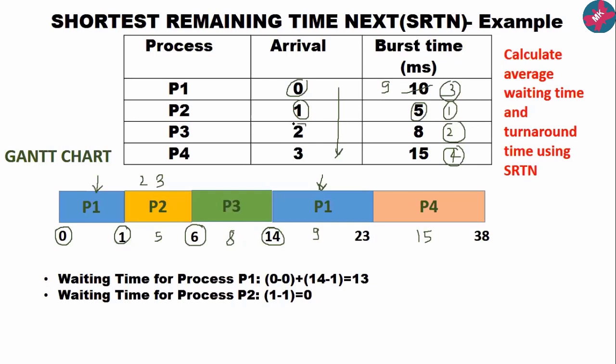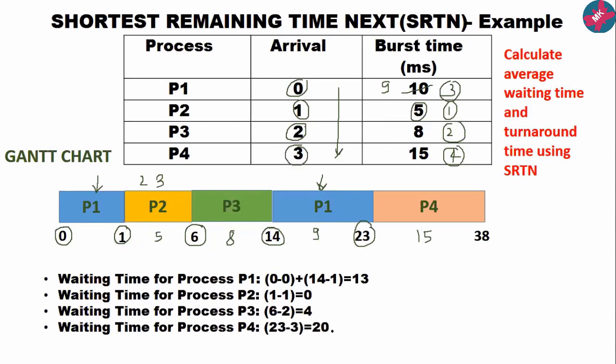It started execution at 6 milliseconds, and it had arrived in the system at 2 milliseconds. So it will be 6 minus 2 equals 4. What about P4? It started executing at 23, and it came into the system at 3 milliseconds. So it will be 23 minus 3 equals 20.